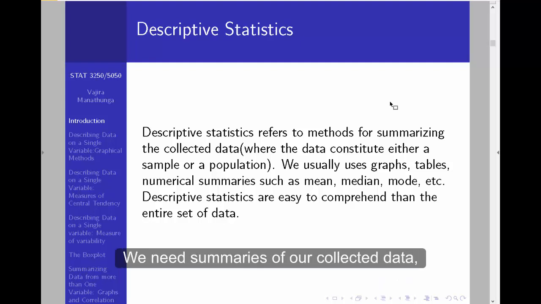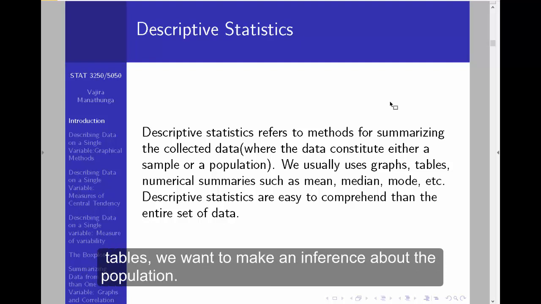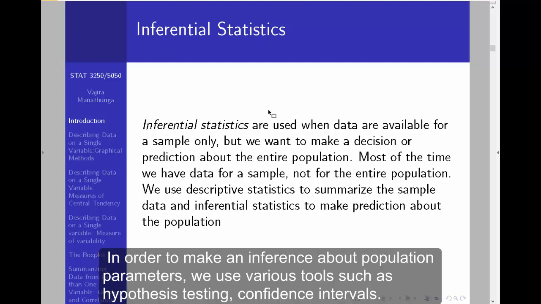We need summaries of our collected data because those are easy to grasp and visualize, rather than trying to figure out what's in the raw data. After we have summarized the data set using various measurements and tables, we want to make an inference about the population. In order to make an inference about population parameters, we use various tools such as hypothesis testing and confidence intervals.